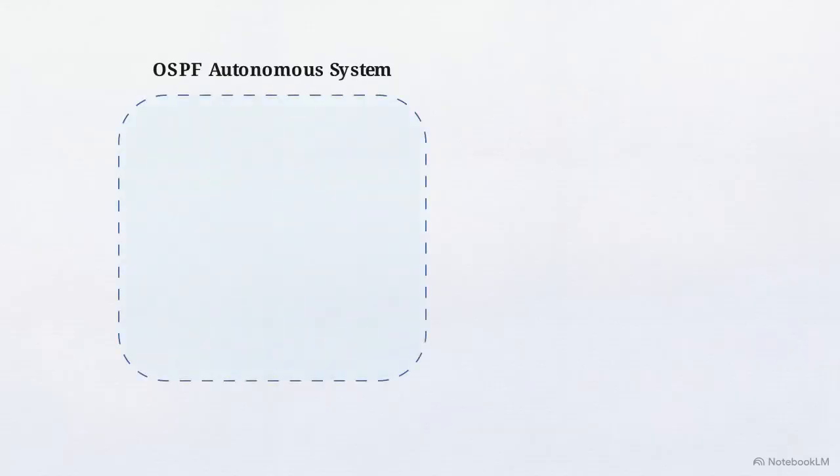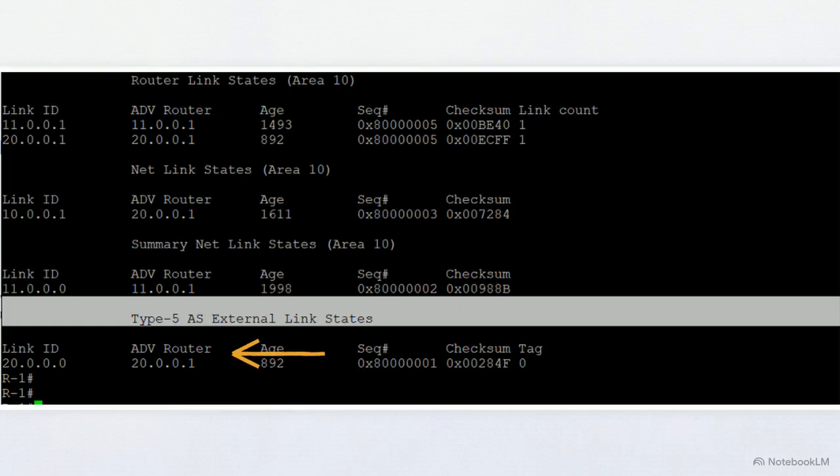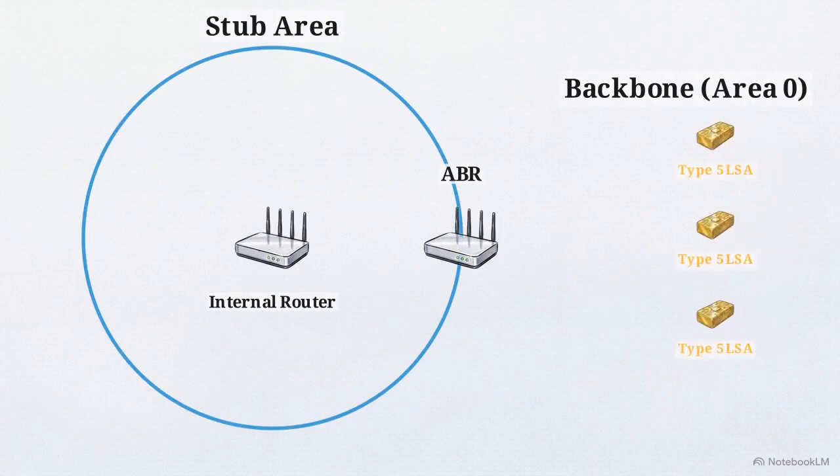Networks often need to ingest routes from outside their own system, such as internet routes learned from external protocols like BGP. Autonomous System Boundary Routers, or ASBRs, inject these external routes. They do this using Type 5 AS external link states. Because external routes can be numerous, administrators can configure stub areas.